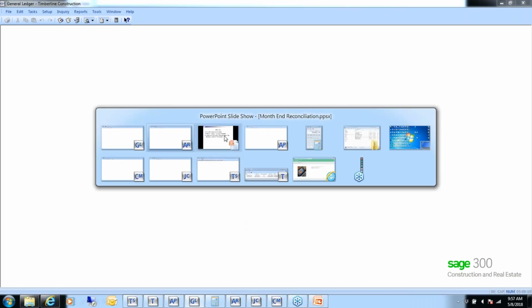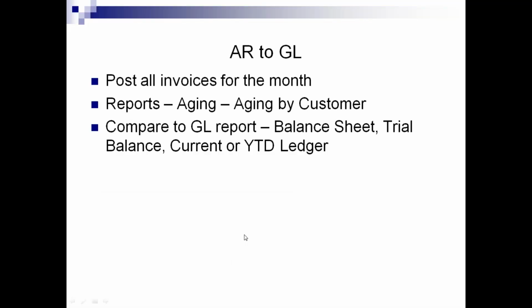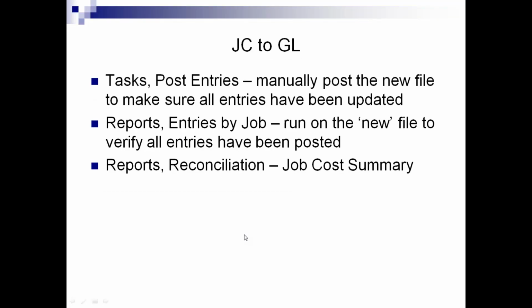All right, let's go back to our PowerPoint for a second. And let's talk about job cost to GL. You want to make sure, again, that everything has been posted in job cost.